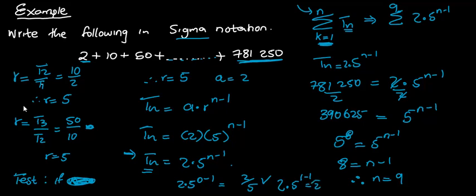So this is just 2. Can you see that this gives us the same term? Now, this starts at n equal to 1. This is the final answer of the sigma notation. Please don't forget, the most important thing is to check. First, find your general term, then use that general term to find the value of n.